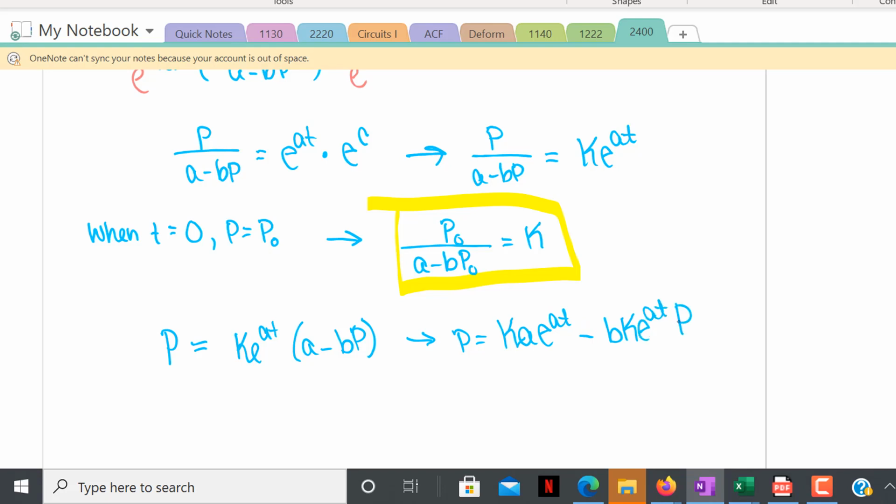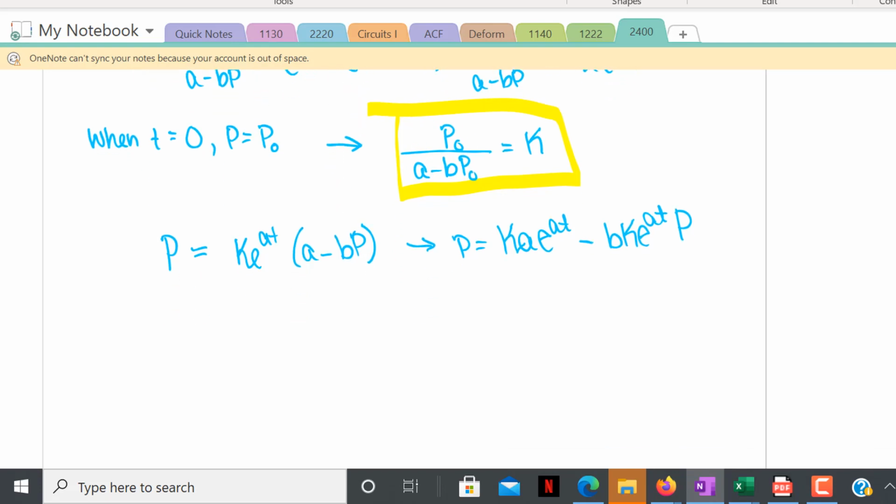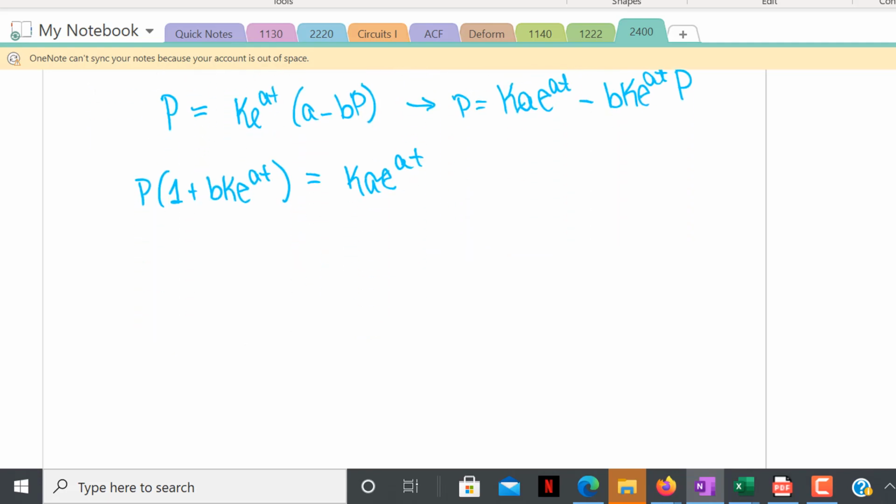And then add the term with p to both sides. And then when I do that, both terms will have a p in common, so I'll factor it out. And I'll get 1 plus bk e to the at equals k a e to the at. And then divide both sides by what's in parentheses.